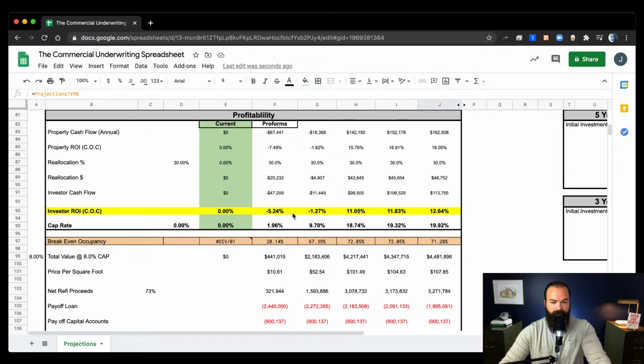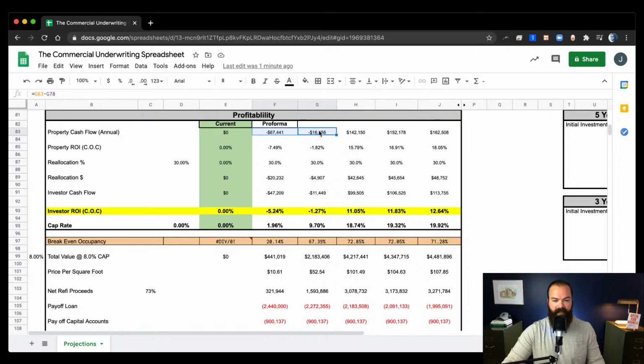One thing to make note of too, you'll notice that in years 1 and 2, we have a negative return. We're actually losing money. That's because we still have operating expenses. We still have a mortgage and interest that we have to pay while we're trying to make the project successful. So you'll see we don't really start cash flowing until year 3.